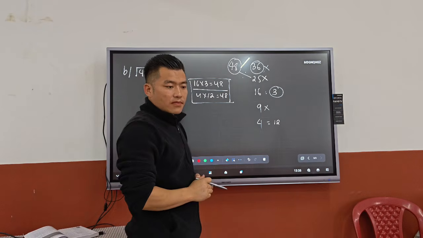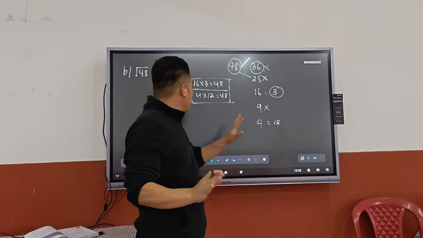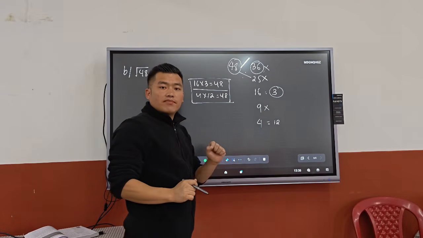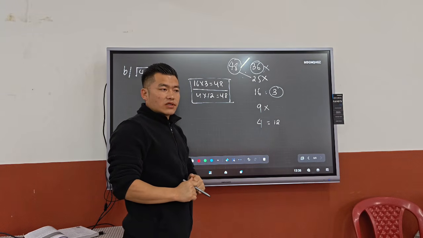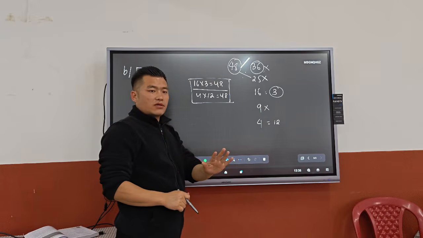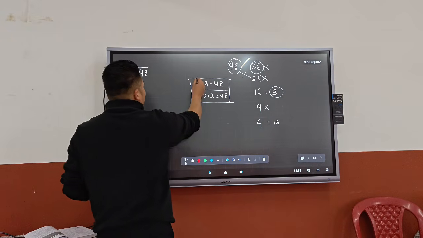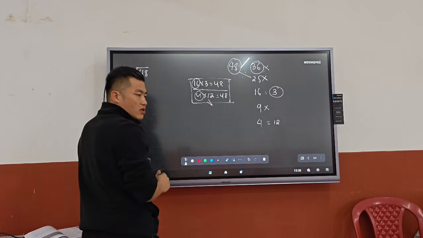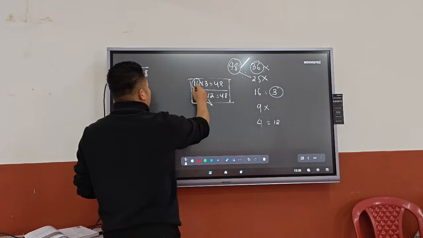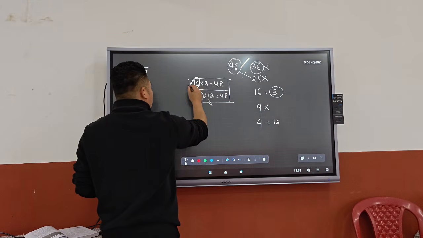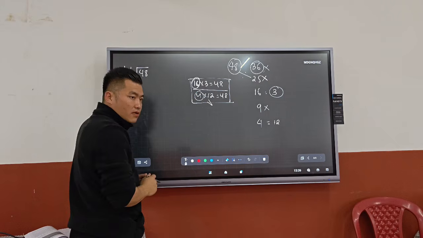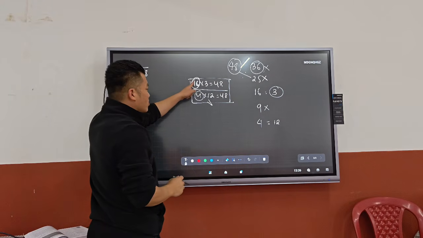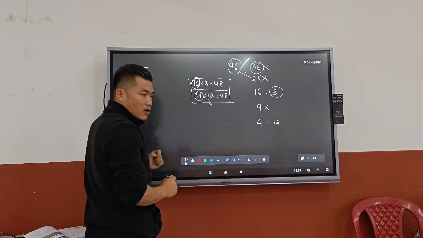You can take both to reduce this into a mixed radical, but it is better to take the greater perfect square number, because if you take 4 times 12, you have to simplify further. So always take the greater perfect square number. Both 16 and 4 are perfect squares, but take 16 because it is greater than 4.